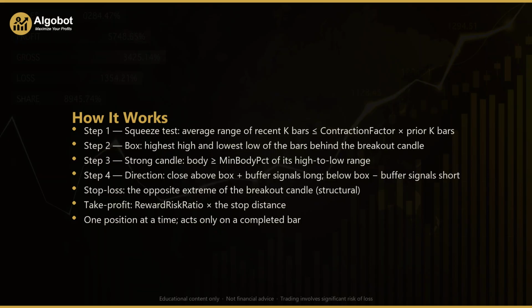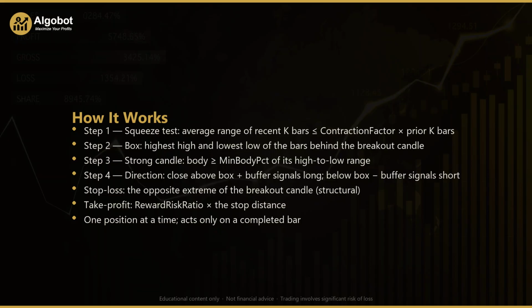The strategy calculates the average high-to-low range of the most recent group of candles, set by the contraction bar's input, which defaults to 5. It then calculates the average range of the 5 candles just before that group. If the recent average is less than or equal to the contraction factor, 80% by default, multiplied by the prior average, the market is considered contracted. In plain terms, the candles have shrunk and the coil is in place.